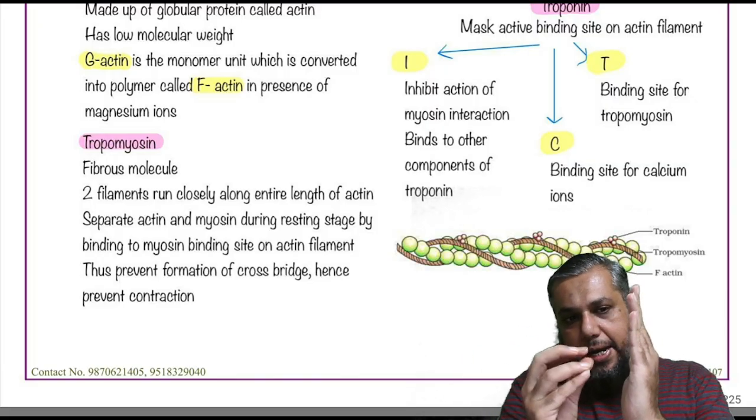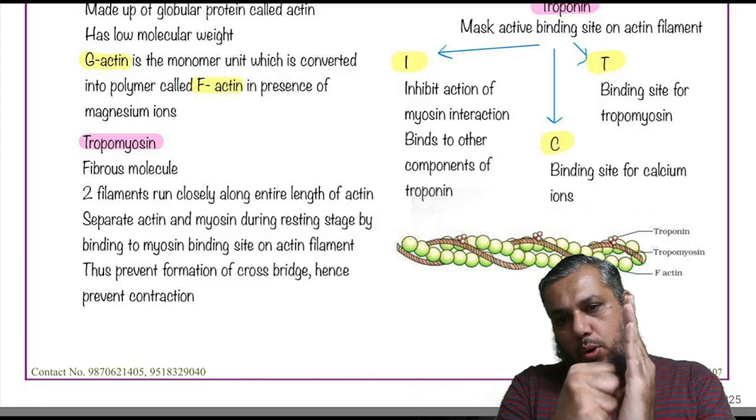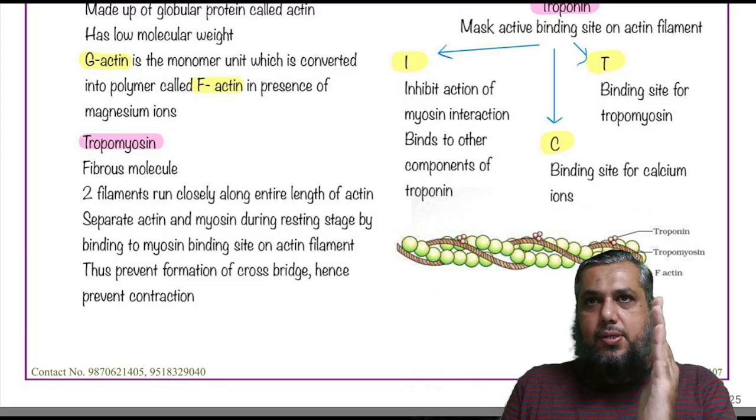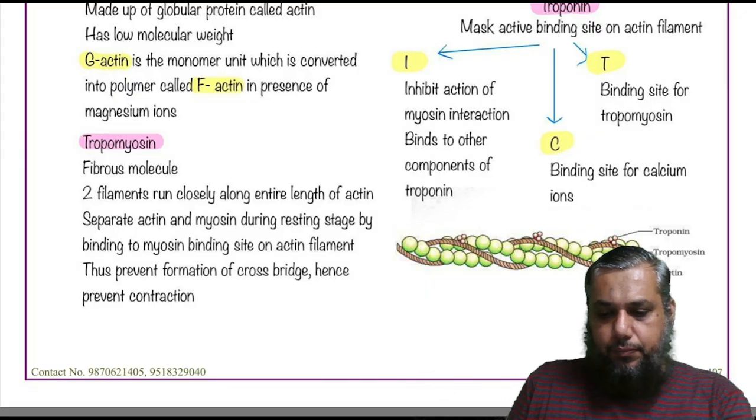No, because the binding sites are masked by troponin. तो आपको सबसे पहले ट्रोपोनिन को हटाना पड़ेगा, अनमास्क करना पड़ेगा, तब जाके मायोसिन बाइंड करेगा एक्टिन के साथ.